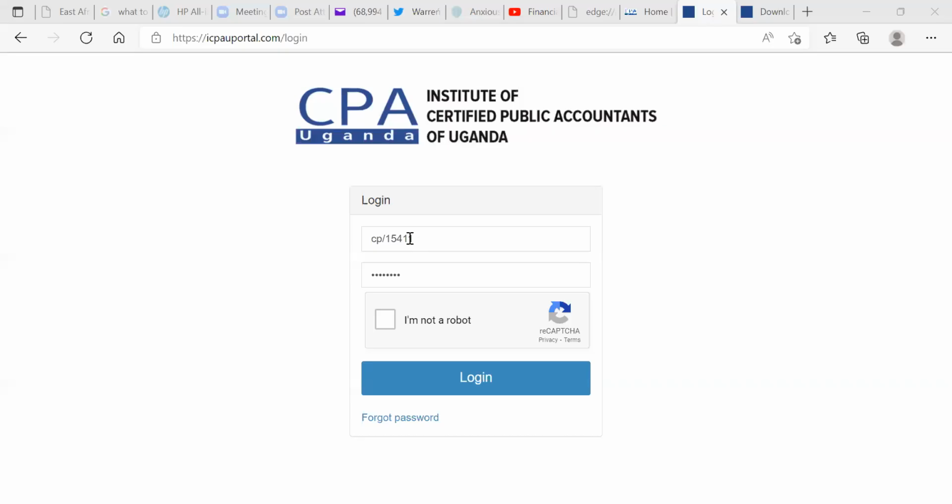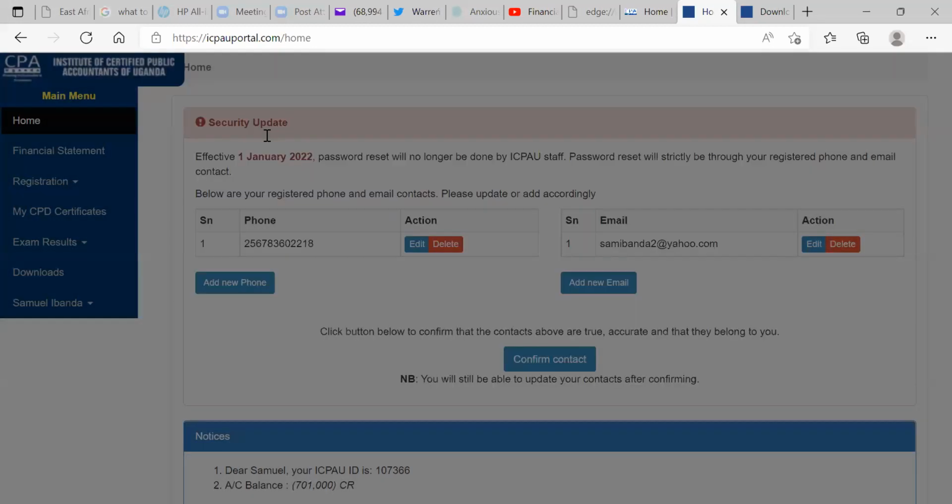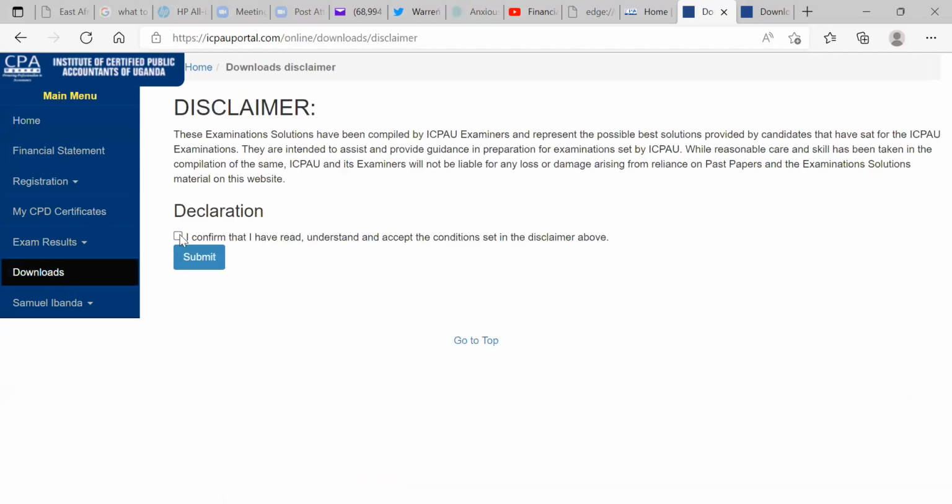So after you put your ID and your password, click on I'm not a robot, and click login. It brings you to this page. Then you come here to download, then you say I confirm.